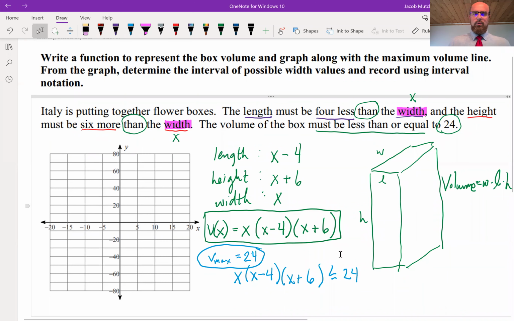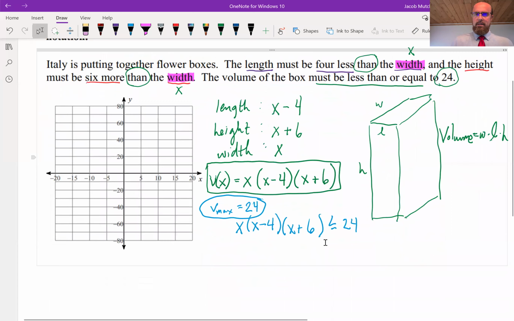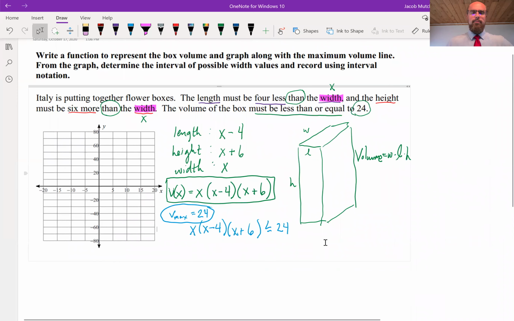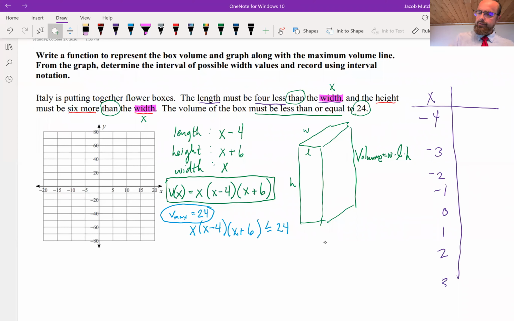So what we'll do is create some space here and make our table here on the left. So again, this is for the actual volume function. We're trying to recreate that cubic function. So we had picked up these x values: negative 4, negative 3, negative 2, negative 1, 0, 1, 2, 3, and 4.